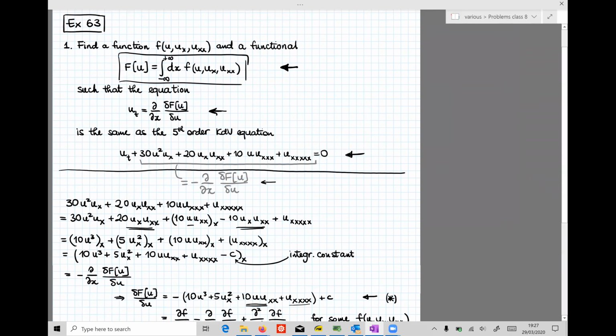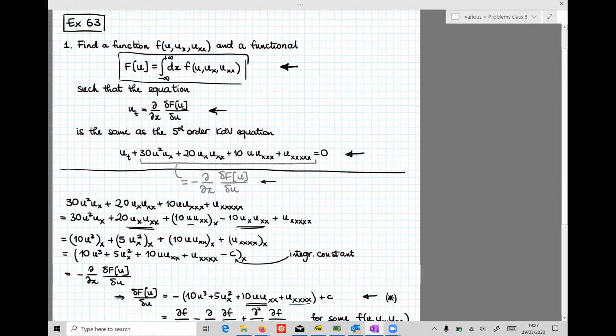And also, in fact, the question only asks us to find a functional capital F of u such that these two equations are the same.